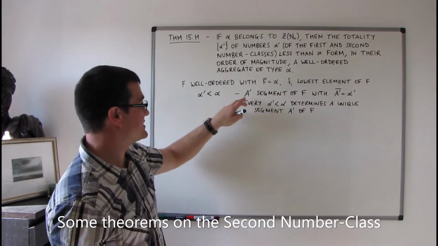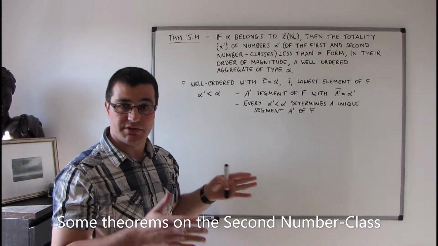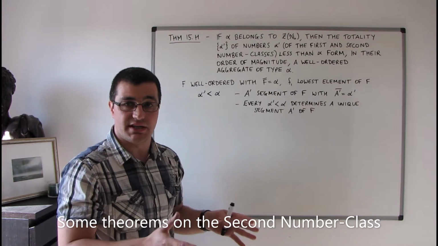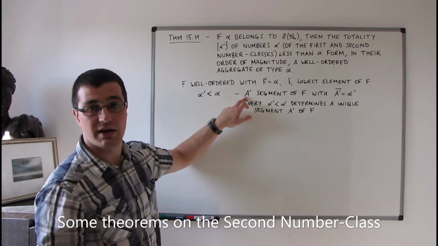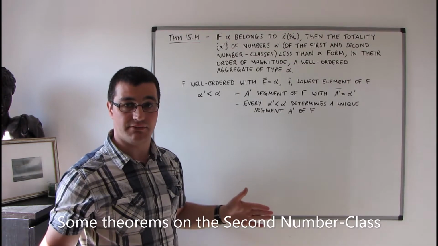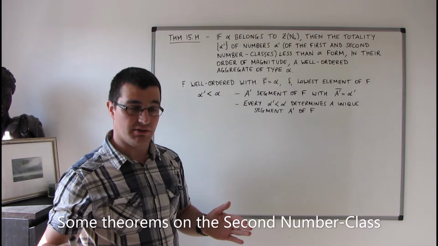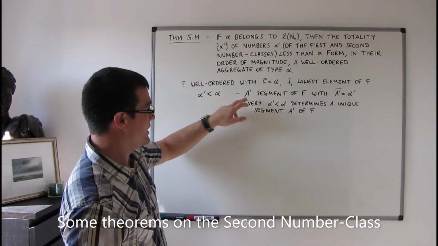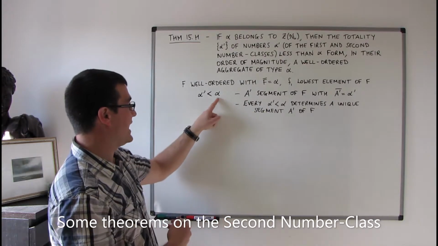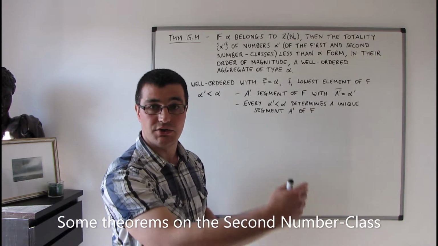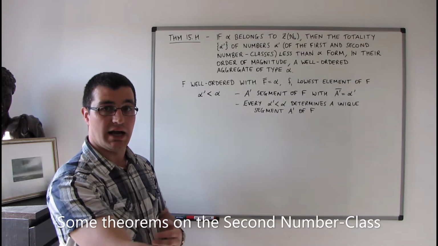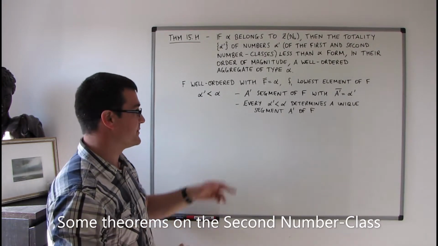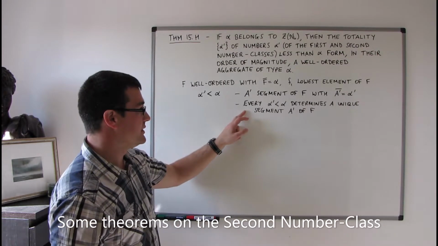And remember, if I take a segment of a well-ordered aggregate, there are no other segments within that well-ordered aggregate that are similar to the segment I've chosen. So if I choose the segment A' of F, there are no other segments of F that are similar to that. In other words, there are no others that have the same ordinal number. Therefore, every ordinal number less than alpha corresponds to a unique segment of F, and every segment of F, being one of a kind, so to speak, will determine a unique ordinal number less than alpha.